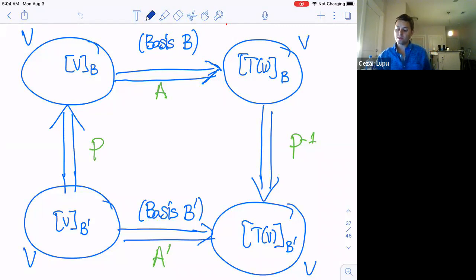But there is also an indirect way, which is to use the matrices P, A, and P inverse.